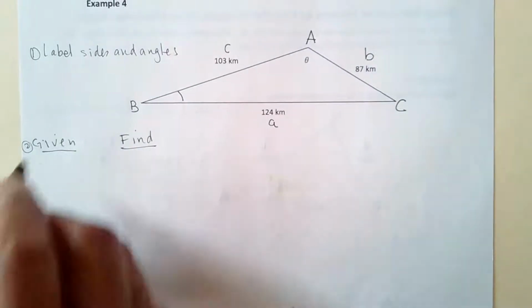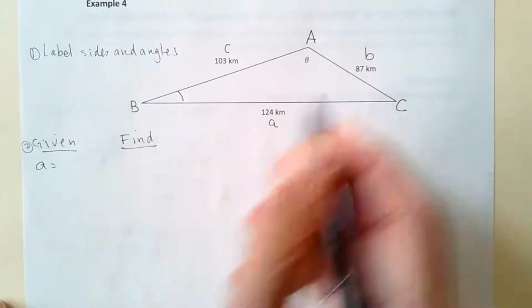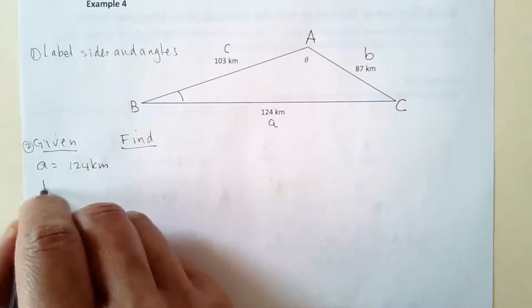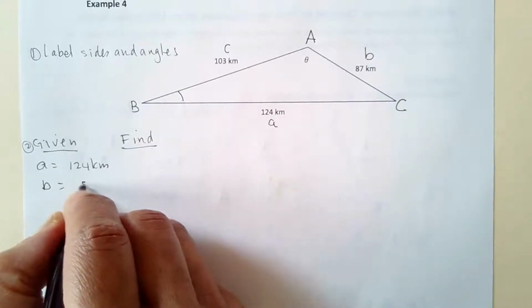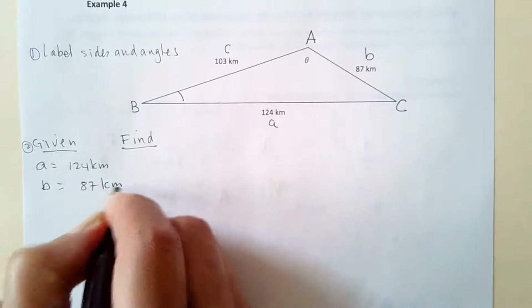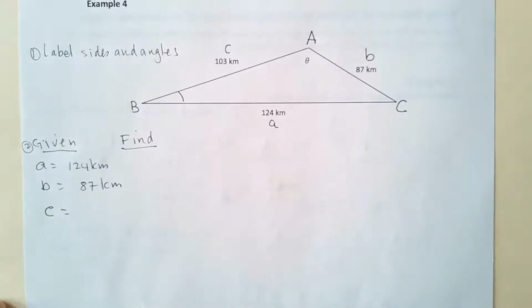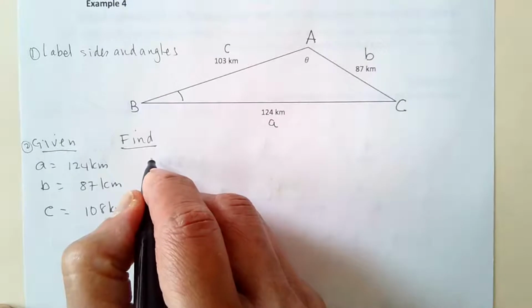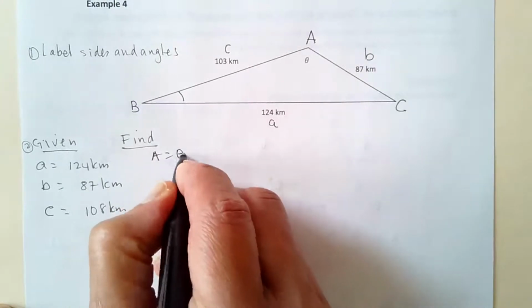You're given side A is equal to 124 kilometers, side B 87 kilometers, side C is 108. I'm going to find angle A, theta.